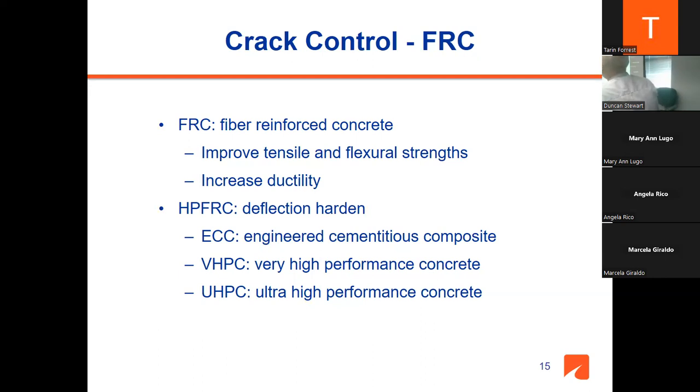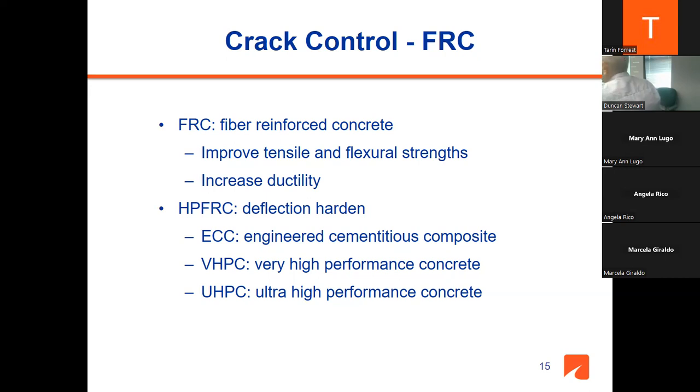It not only helps you with ductility and residual strength, it also gives you higher tensile strength because fibers are like minute reinforcement in the system. So they improve your tensile and flexural strength. That's one of the advantages, and the other is that it provides some ductility in the system.